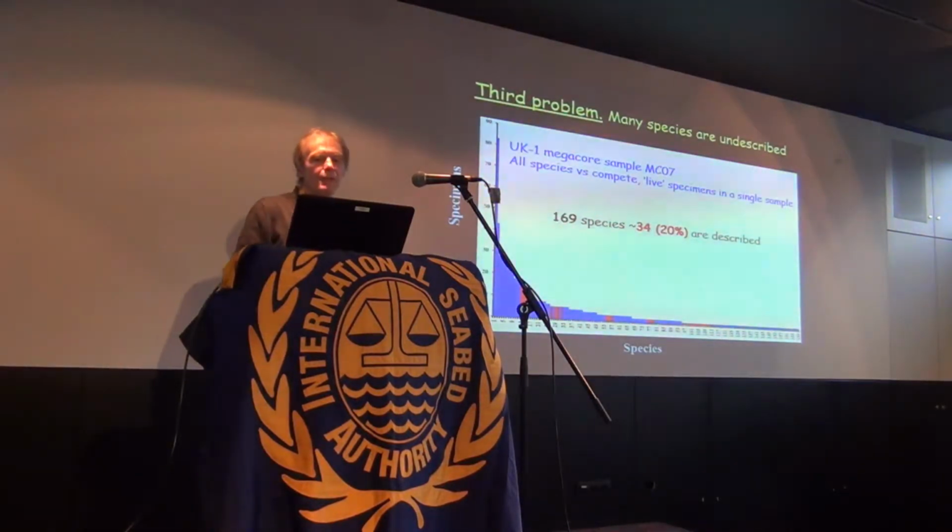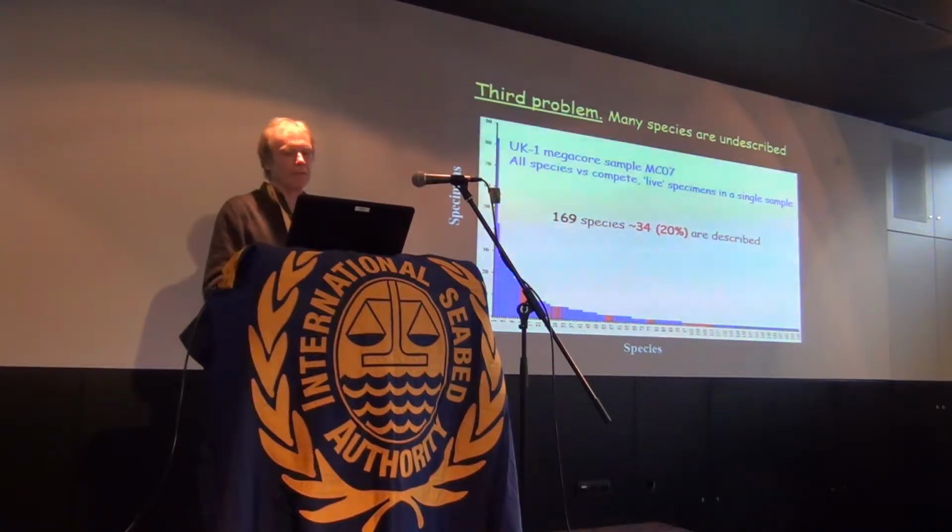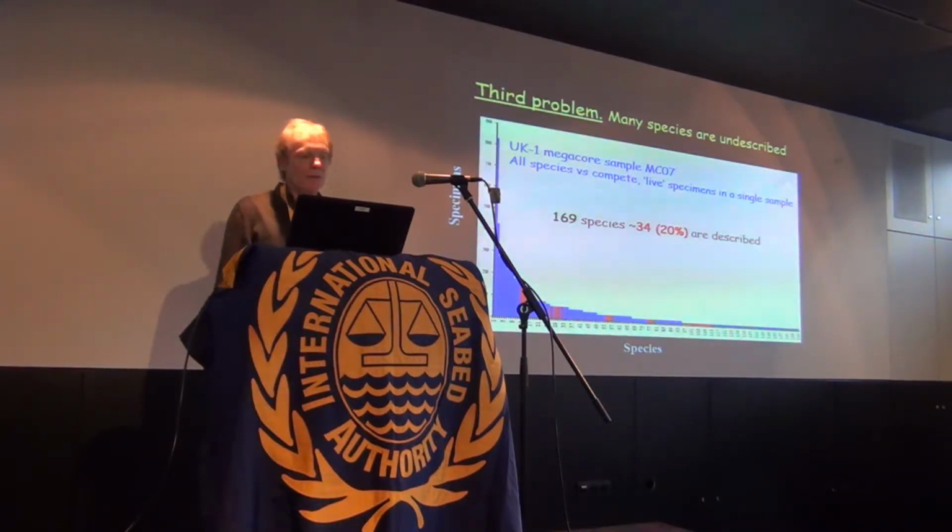The third problem is that many species are undescribed. So this is the same sample I showed before. I should have explained, which I didn't, that each of these bars represents a species, and the abundance of each species is shown on the vertical axis. So we had 169 species, as I mentioned before, and only 20% of these are described.